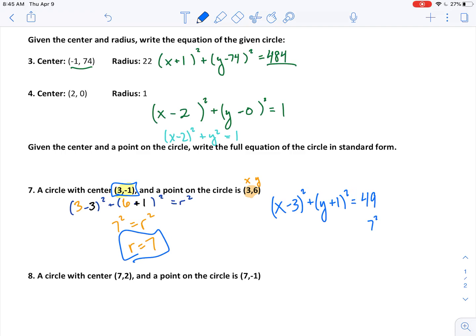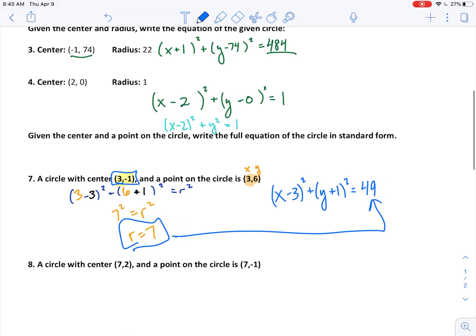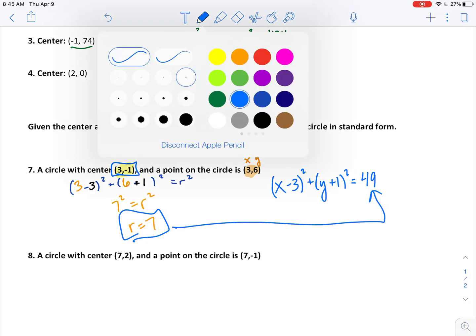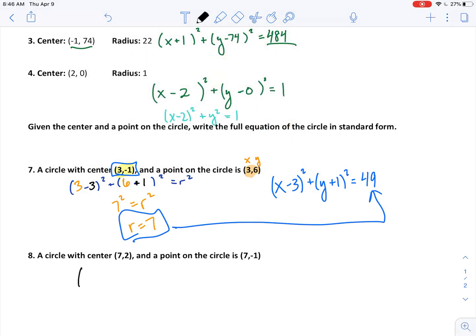So this would be x minus 3 squared plus y plus 1 squared equals 49, or 7 squared, r squared. So r is 7, so r squared is 49.